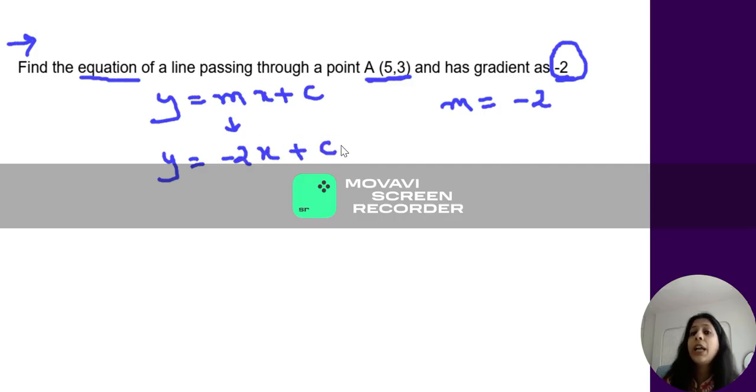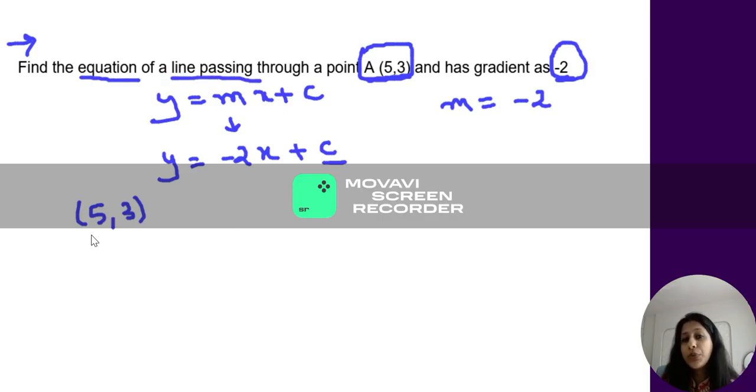What I don't have is the value of c. How will I find it out? I will use this point for finding out that value, right? The point coordinates are (5, 3), and it says that the line passes through this point. So I can put my x as the x coordinate, which is 5, and my y as the y coordinate, which is 3, in the given equation.